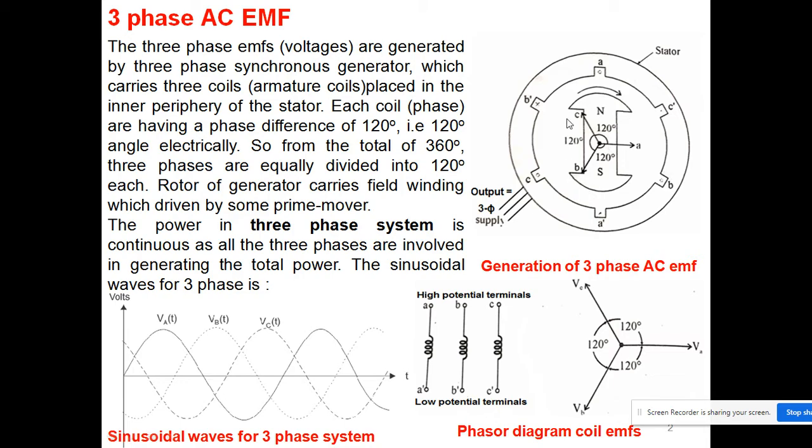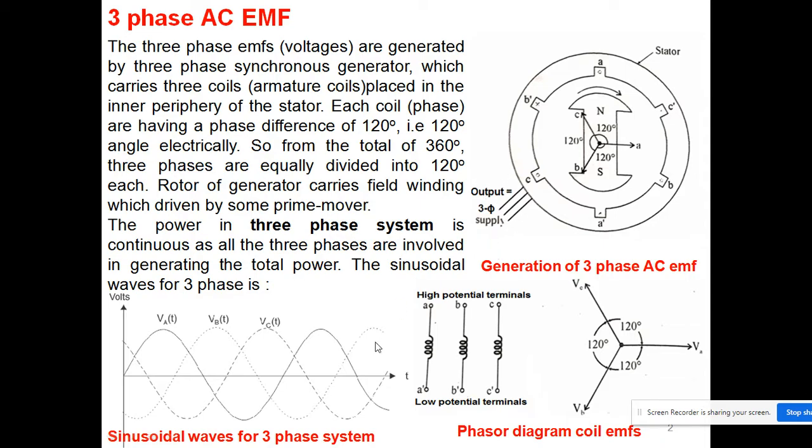That's why we say it is moving at the synchronous speed. When it is moving, the flux of these coils changes, and the changing flux produces EMF as per Faraday's law of electromagnetic induction, and that output we get from here.